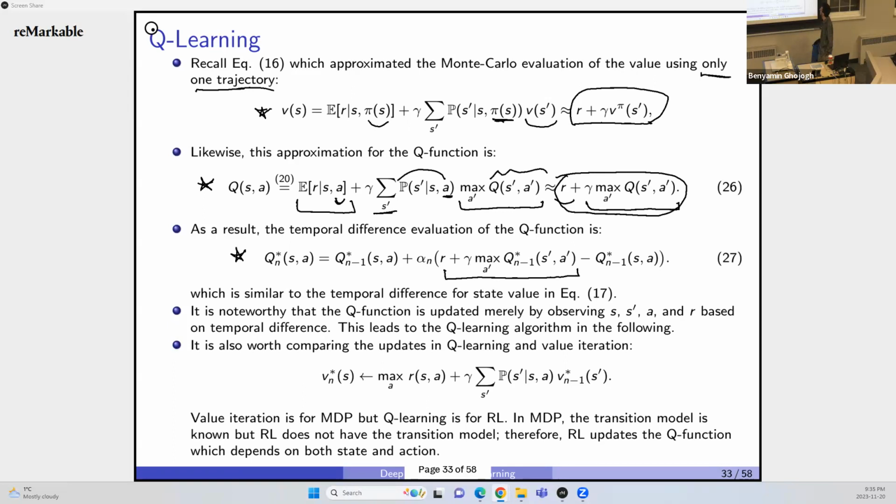Now, what is this? Updating Q, right? So you have random Q, you update Q, and it becomes better and better gradually by temporal difference, right? What are you using for this update? Can you tell me? You are using S, A, S prime, A prime. What are these? Current state, current action, next state, next action.